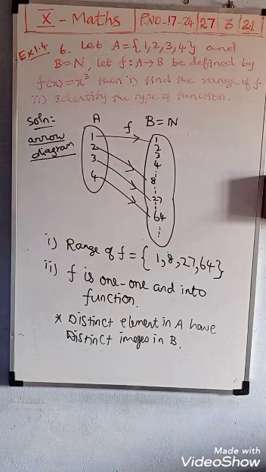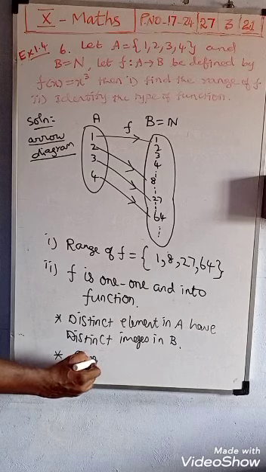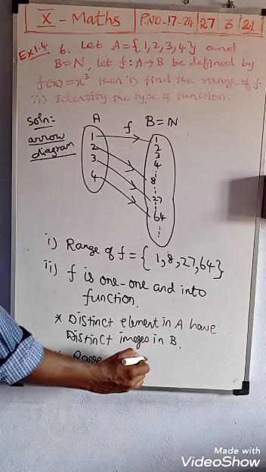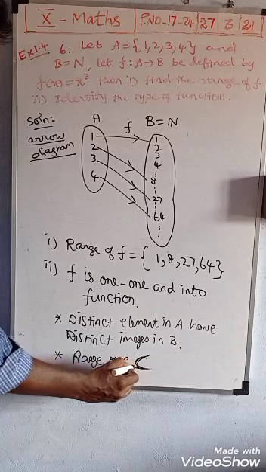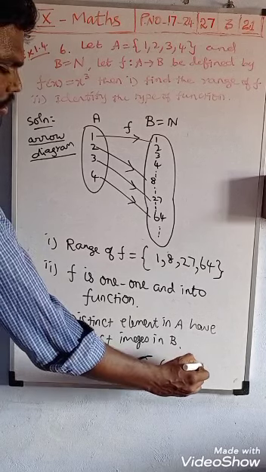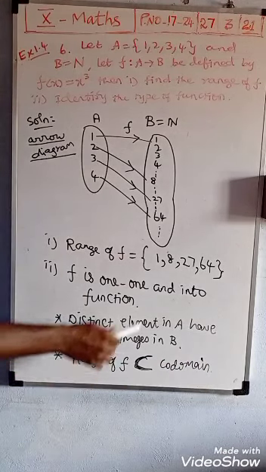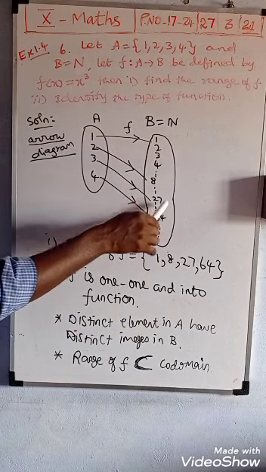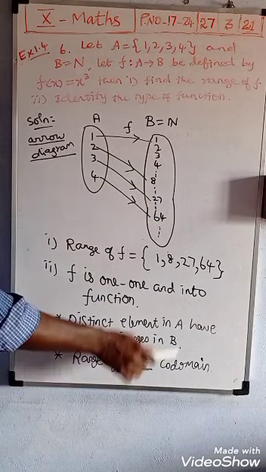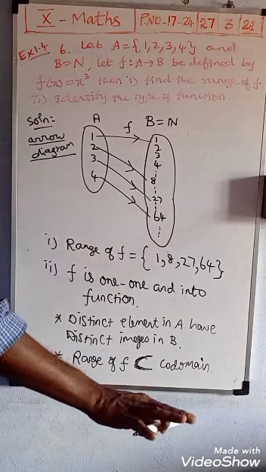All the elements have different images, so it is called one-one. Then into: here the range of f is a proper subset of the codomain. The range of f is only 1, 8, 27, 64, but the codomain has many elements; after 64 some more elements will come.